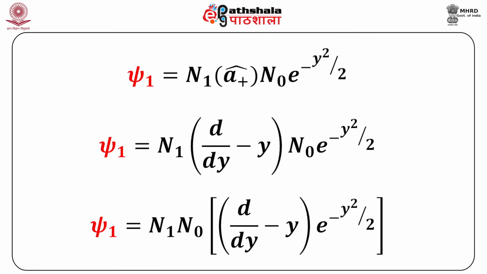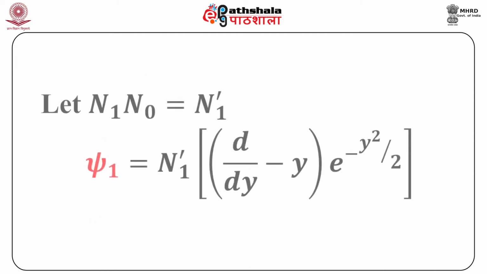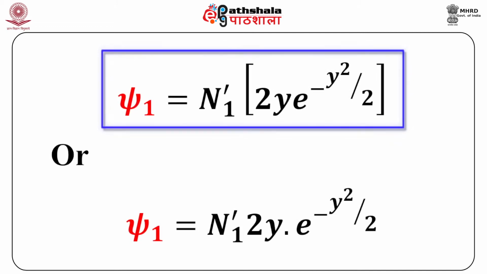If we simplify it further, we get psi 1 is equal to N1 N0 then d by dy minus y, e to the power minus y square by 2. Now if N0 and N1 are combined, it becomes N1 prime, and if we further simplify it, we get psi 1 is equal to N1 prime 2y e to the power minus y square by 2.